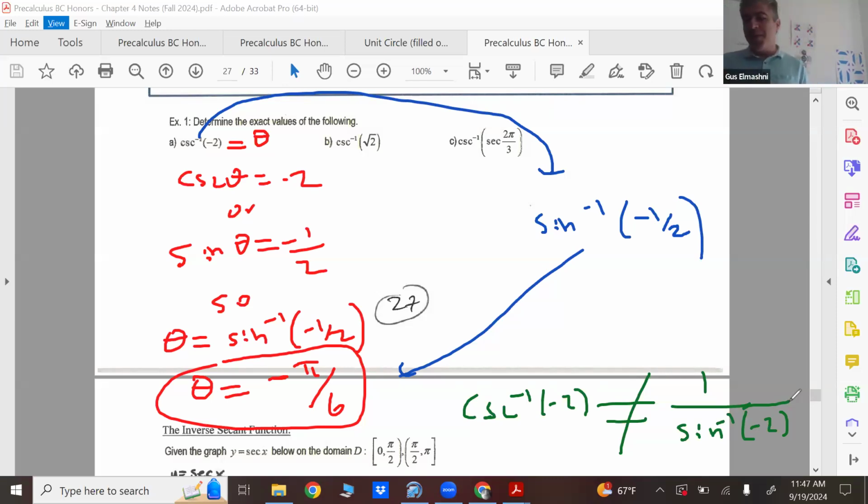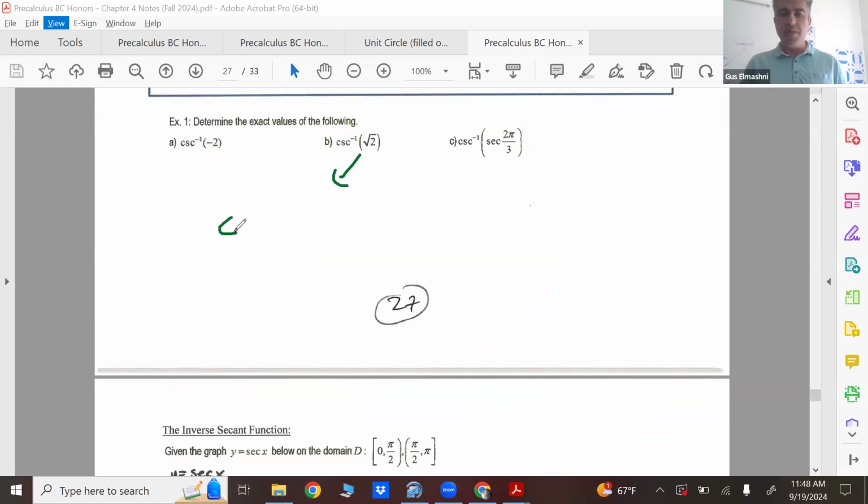So it doesn't work that way, unfortunately. You have to be somewhat intentional: cosecant theta is -2, so sine theta is -1/2, so theta is inverse sine of -1/2. Let's use the unit circle. Or the quick and easy way, just flip the input. So now you know that, we can do the other two more quickly, right?